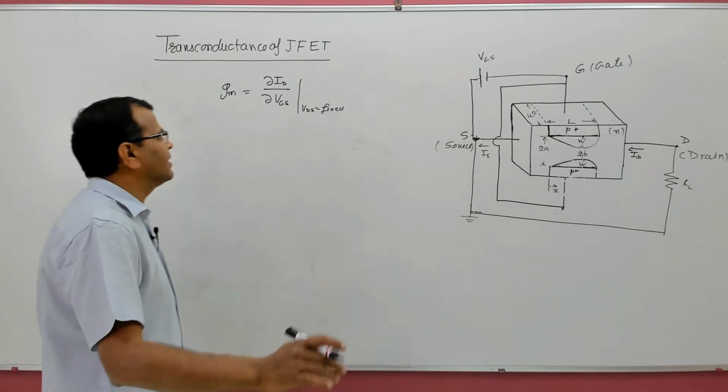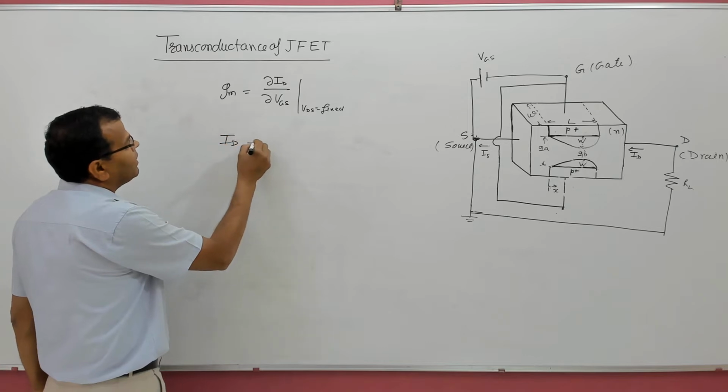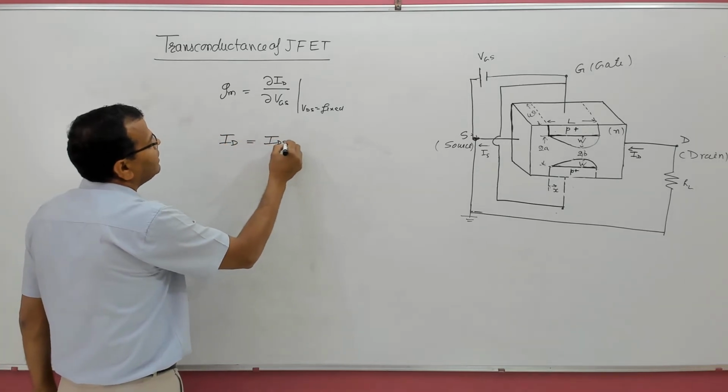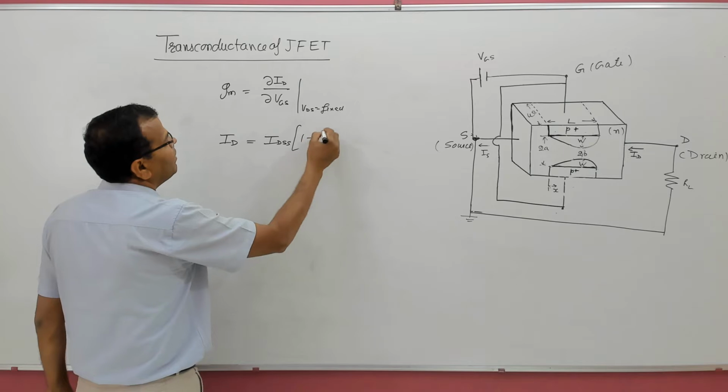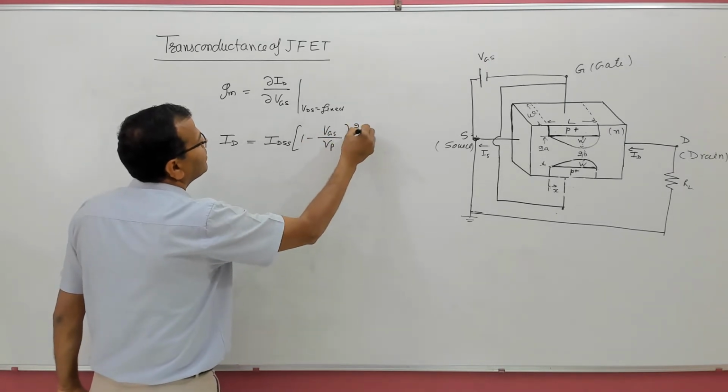is called transconductance. We know the drain current of JFET is equal to what? IDSS into 1 minus VGS upon VP whole square.